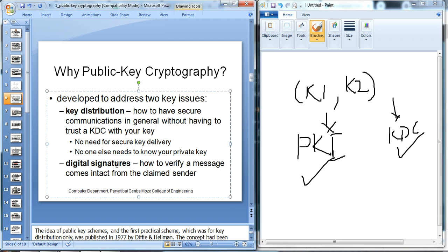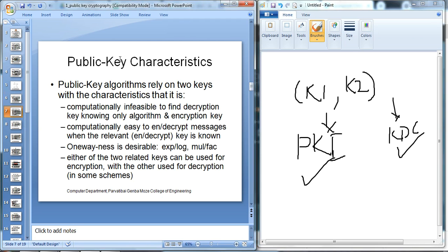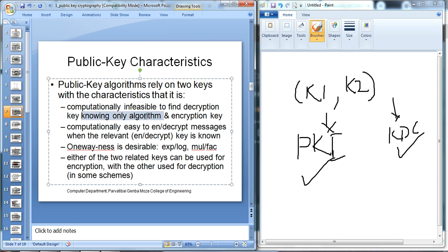Digital signature, which is used for user authentication, we will cover in detail in a later session. Now the public key characteristics: the public key algorithm relies on two keys with the characteristic that it is computationally infeasible to find the decryption key knowing only the algorithm and the encryption key.